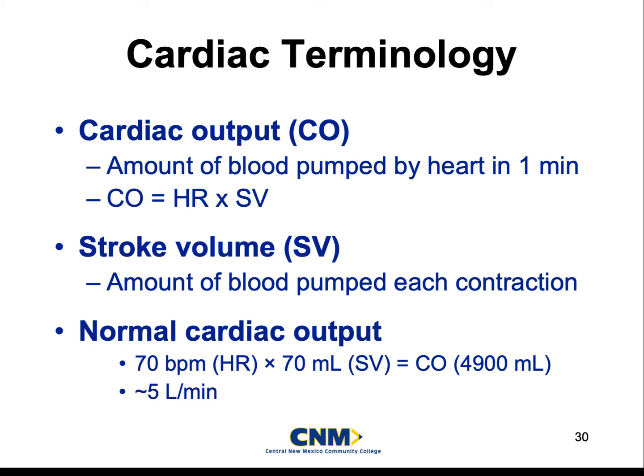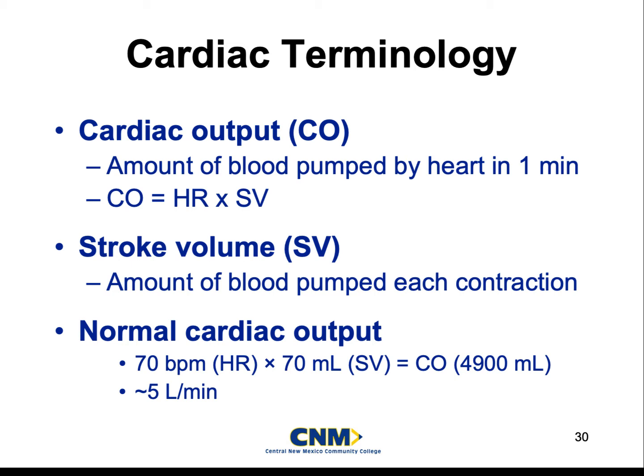So for a normal, average-sized adult male, normal stroke volume is about 70 cc's of fluid. So if we take that 70 cc's and we multiply it by 70 beats per minute, we come right out to about 4,900 mLs, or 4.9 liters, which is what our cardiac output is.